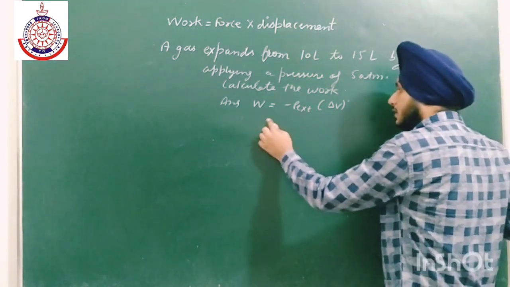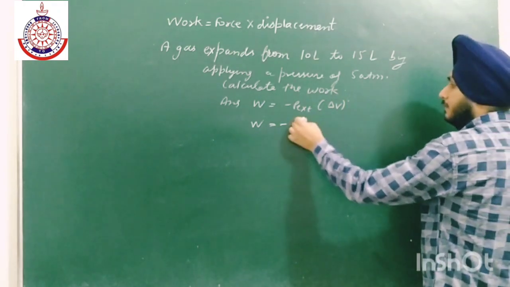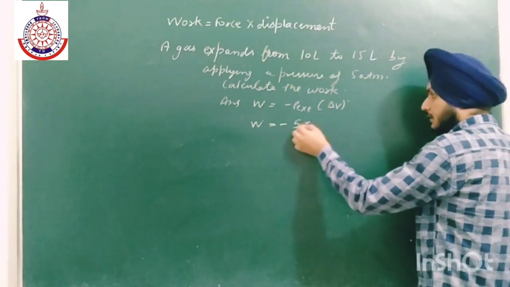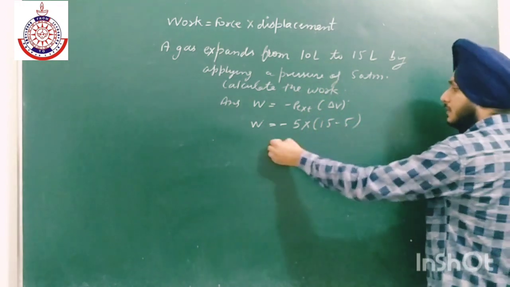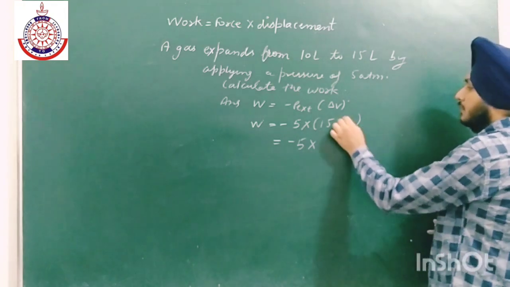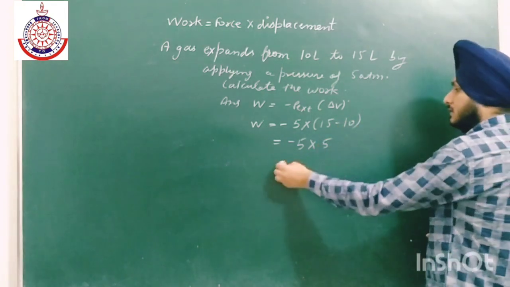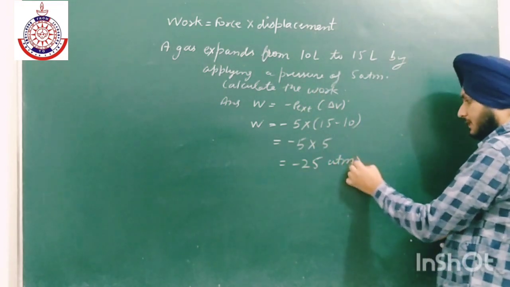So W will be equal to minus P, the pressure is 5 atm, and the change in volume is 15 minus 10, and we will get minus 5 into 5. This comes out to be minus 25. What is the unit?